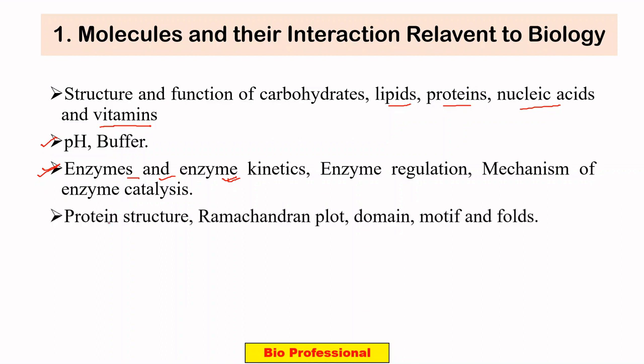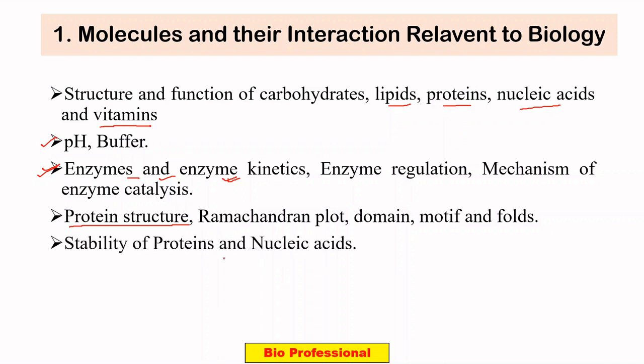Okay. And protein structure, I already have videos on that. You can watch them. Ramachandran plot, domain, motif, folds, these are important topics. And the stability of proteins and nucleic acids. Here stability means there are different conditions. For example, if I take nucleic acids like DNA, RNA, right?